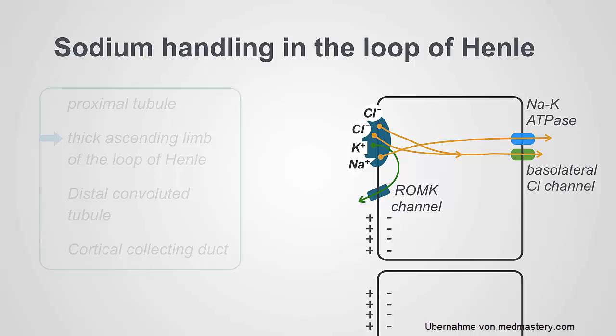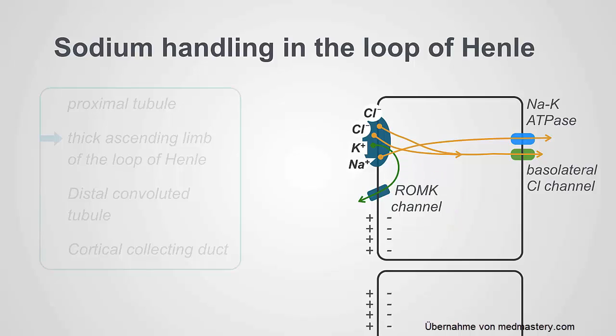One should quickly look and see that sodium and chloride are at much higher concentrations in the tubular fluid, and as this molecule transports these ions across the cell membrane, potassium would be quickly depleted. In order to avoid that, potassium is recycled out of the cell through something called the ROMK channel.